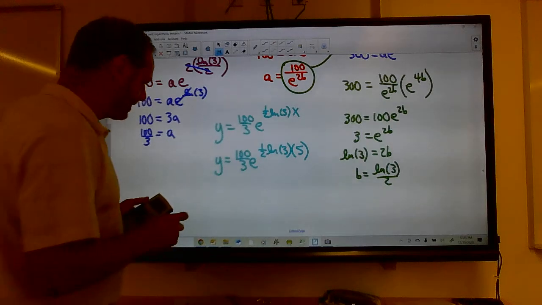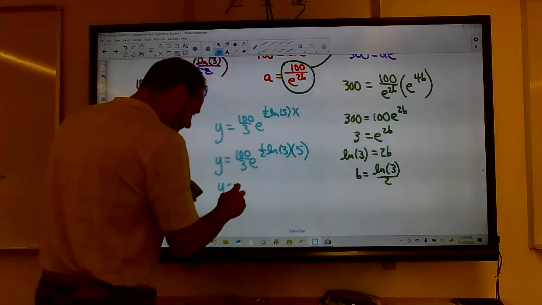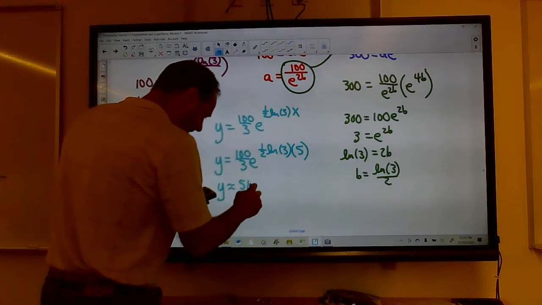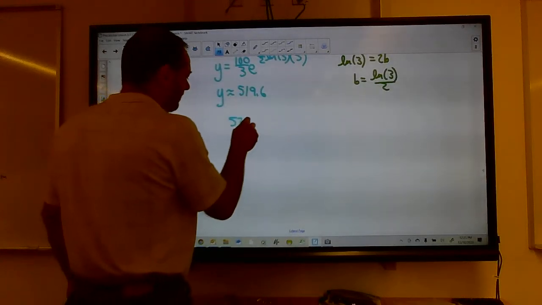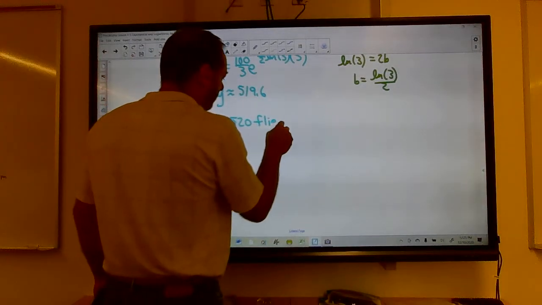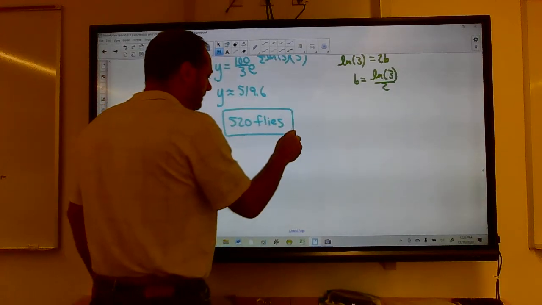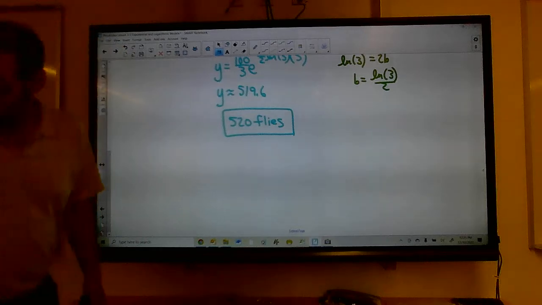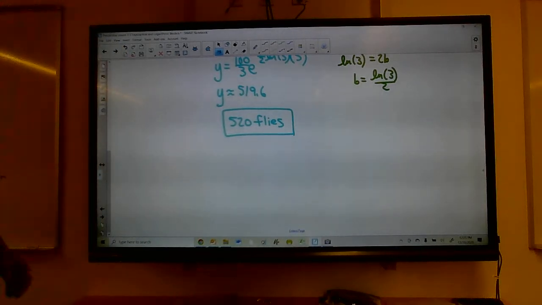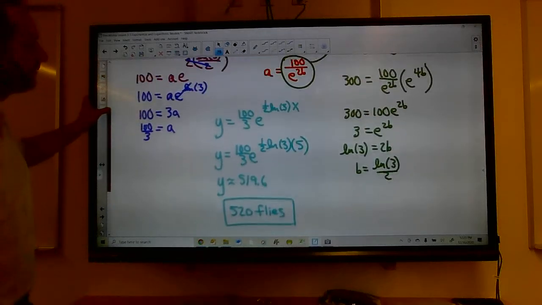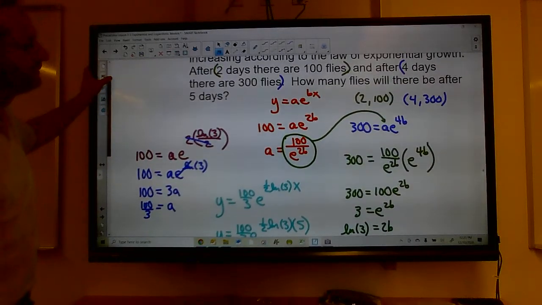I hit enter and I get y is approximately 519.6, so we're just going to say 520 flies. And there we go. So that was a little bit tough work there, but it can be done.